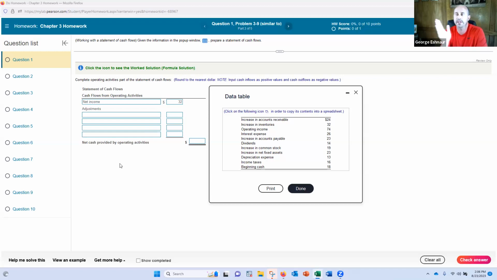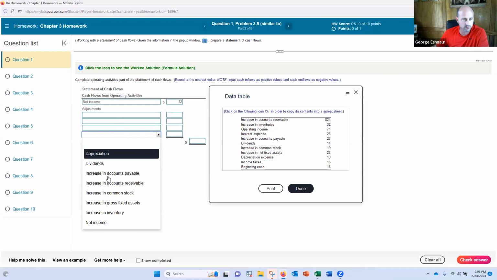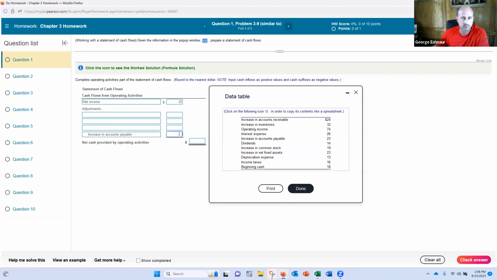As money comes in, like accounts payable, I'll give you that one. We see an increase in accounts payable. That means even though we borrowed money, from a cash flow perspective, it came in. So what else is a positive cash flow?